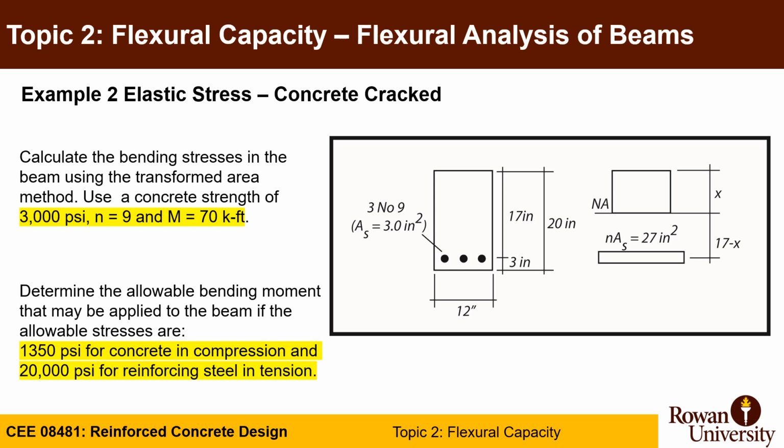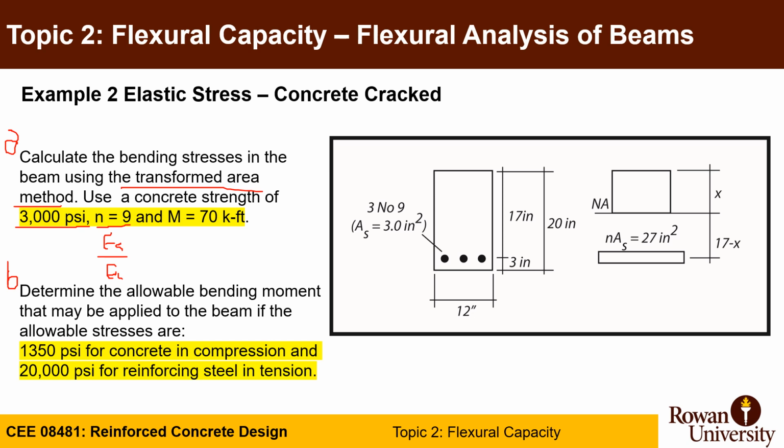So if you go to an example very quickly, there are two parts to this example, part A and part B. In part A, calculate the bending stresses in the beam using the transformed area method. Use concrete strength of 3000 psi, modular ratio n equal 9, the ratio between Es and Ec, given right away, and a moment of 70 kip-foot.